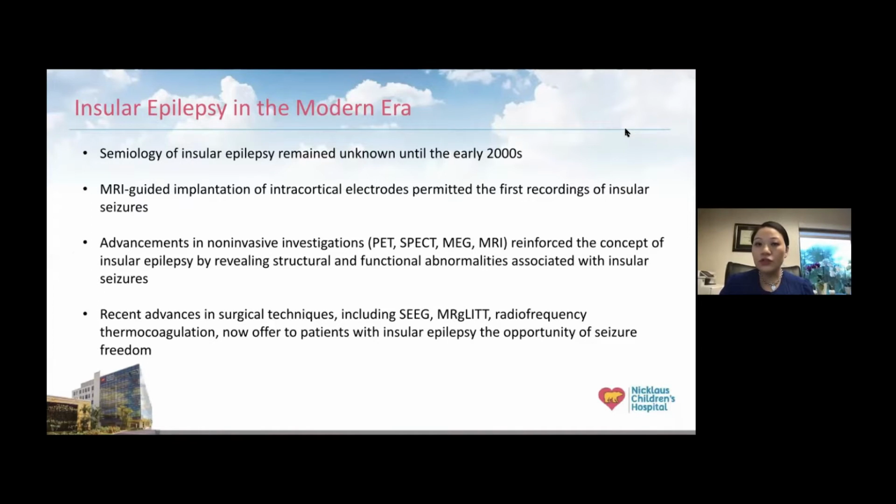We've understood that because of the complex cytoarchitecture and functional connectivity of the insula, that structure is essential for emotional social adaptation, stimulus detection, vegetative control, homeostasis, and cognition. And although open surgery and its complications back in the 1940s and 50s led to an initial abandonment of insular resection, recent advances in surgical techniques have allowed us to understand this entity a lot more.